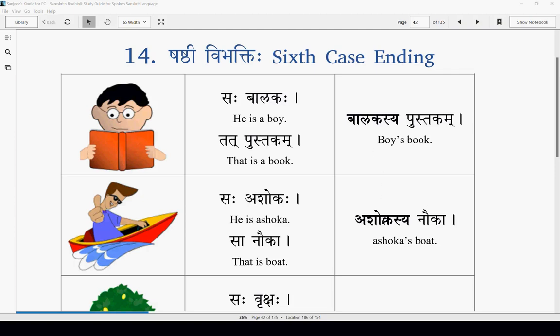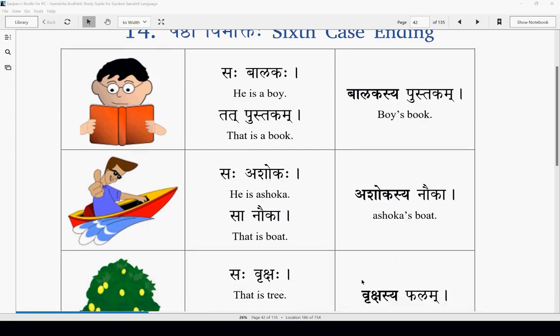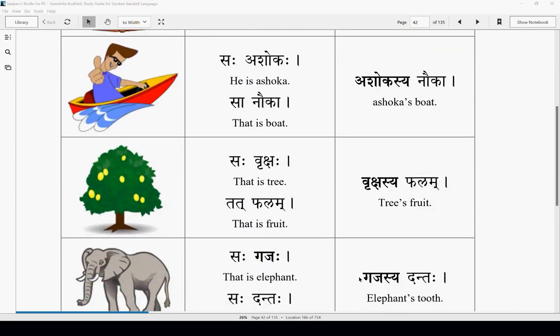Depending on the type of namapada, the form could be different. For example, if it is kavi, it won't be kavyasya; it will be different. Similarly, if it is pita, it will be different. All the words whose base is like this, balaka, rama, ashoka, vriksha, have the same format: balakasya, ashokasya, vrikshasya.